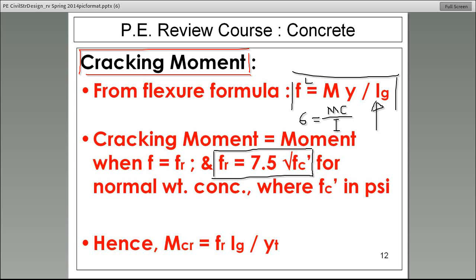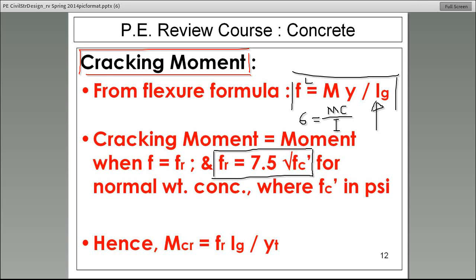The concrete industry, the concrete professionals, they refer to it as the modulus of rupture. All right? So learn that. Modulus of rupture, very simply, is equal to 7.5, the number 7.5, times the square root of f prime c.